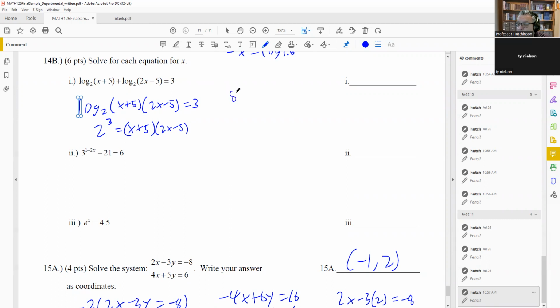2 to the 3rd power is 8, and then I can multiply this together. 2x squared minus 5x plus 10x, minus 5 plus 10 is 5, and minus 25. Okay, so next thing we want to do is subtract it and get it equal to 0.